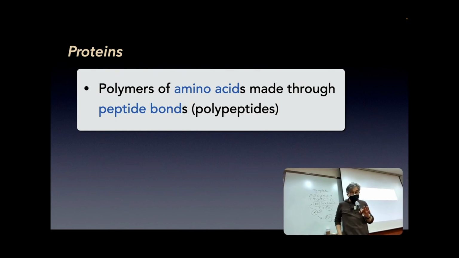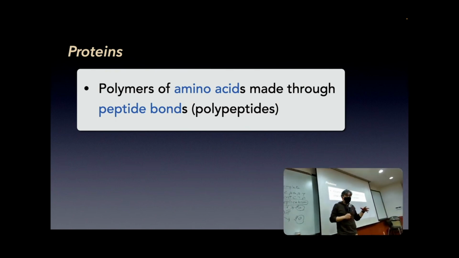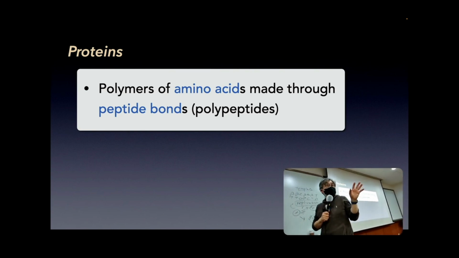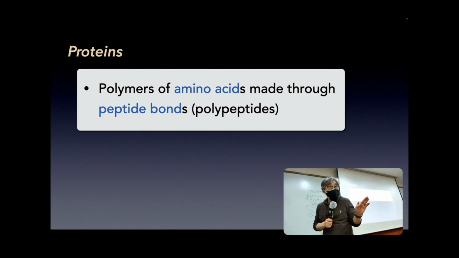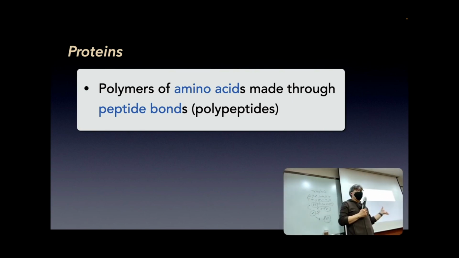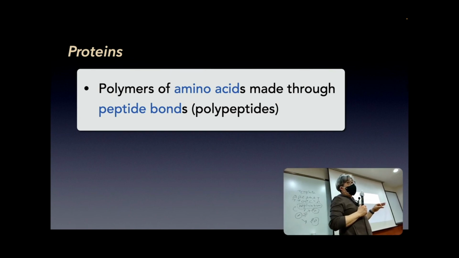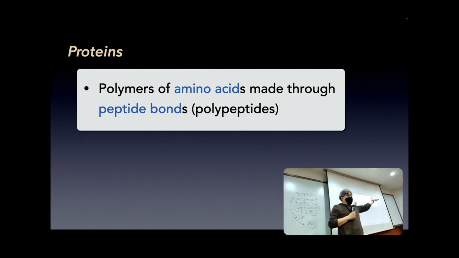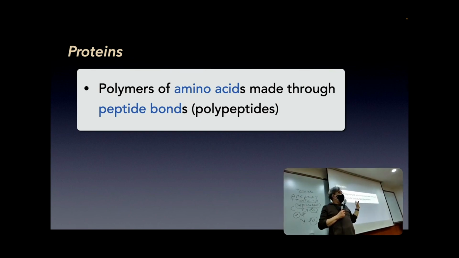Protein is a polymer of amino acids, just like DNA or nucleic acid is a polymer of nucleotides, right? And fats are polymers of fatty acids. Polysaccharides are polymers of monosaccharides, just like that. So that's the whole relationship. These macromolecules are always individual components assembled together.